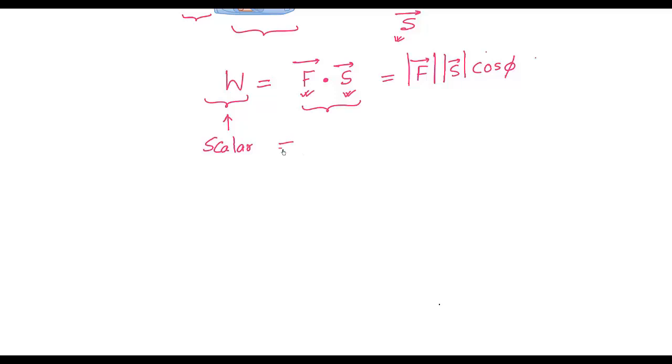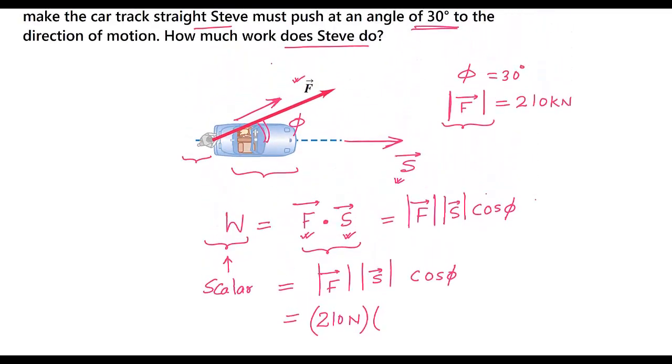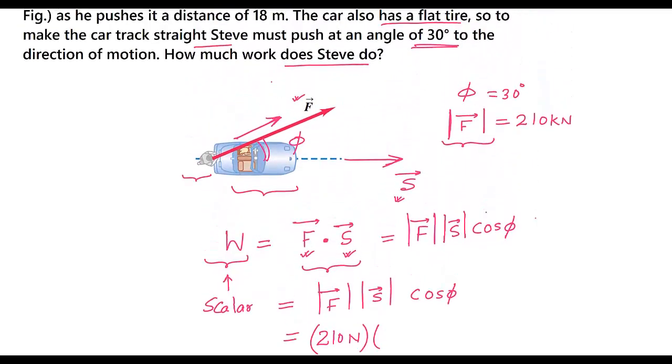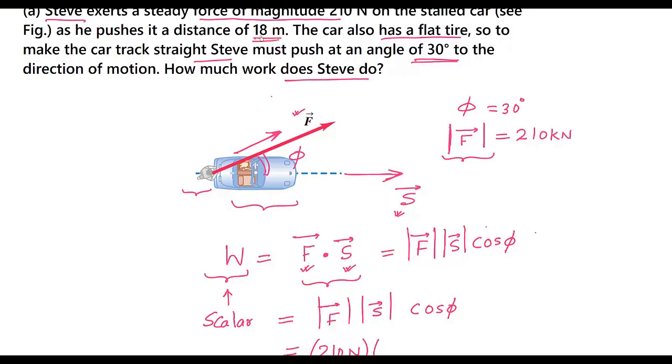So I can directly use this formula: magnitude of F, magnitude of displacement, and cos phi. Now everything is given. Magnitude of F is 210 Newton, and the displacement is also given in this problem. It says the displacement is 18 meter, so the magnitude of displacement is 18 meter.